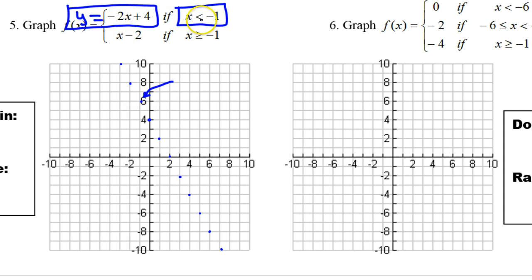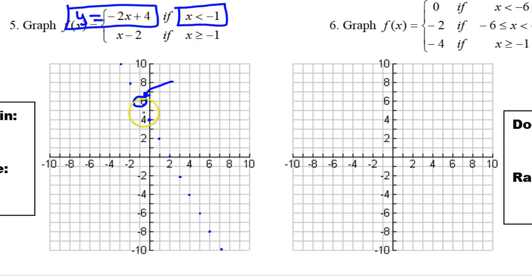We're going to make it an open circle because the point at negative 1 itself is not to be included. We just want x values that are less than negative 1. So to show that this is not included, we're going to make it an open circle like this. Okay, so open circle at negative 1. Now we want x values that are less than this, less than negative 1.